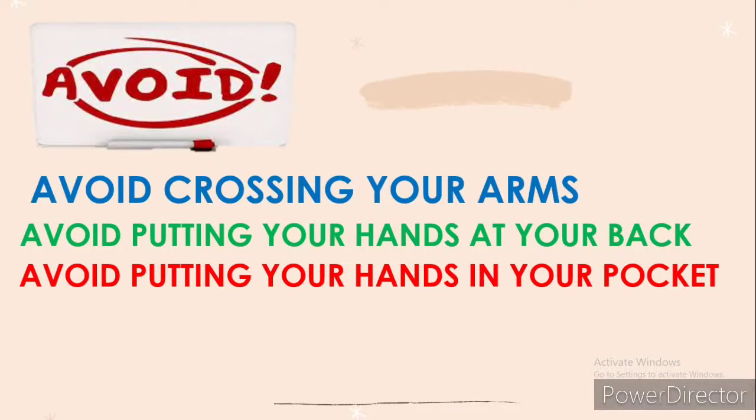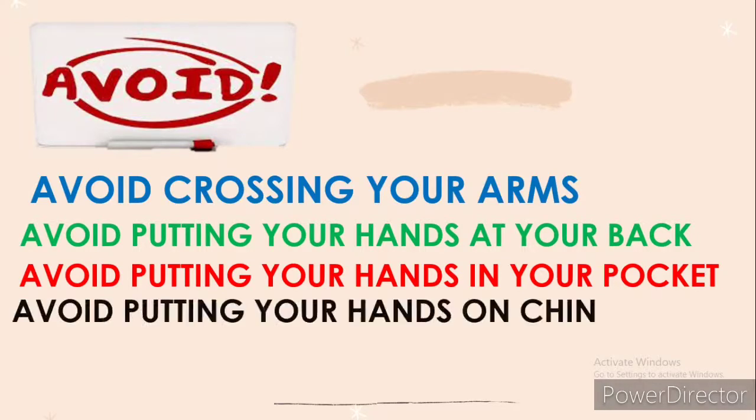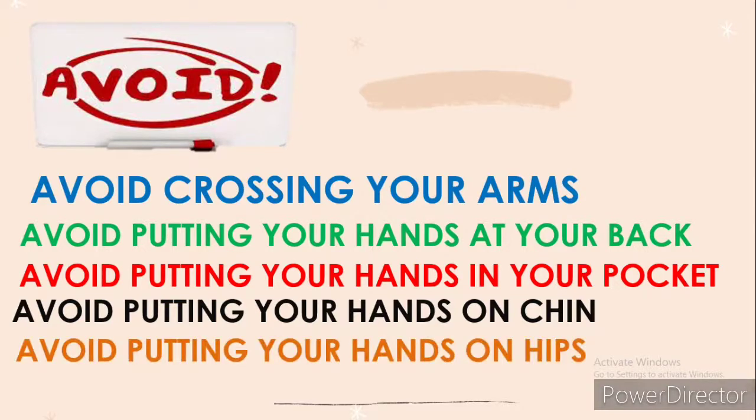Avoid putting your hands in your pocket. It may also seem that you are hiding something. Avoid putting your hands on your chin, because it may seem that you are not ready with what you are going to say. Avoid putting your hands on your hips. It makes you seem aggressive.